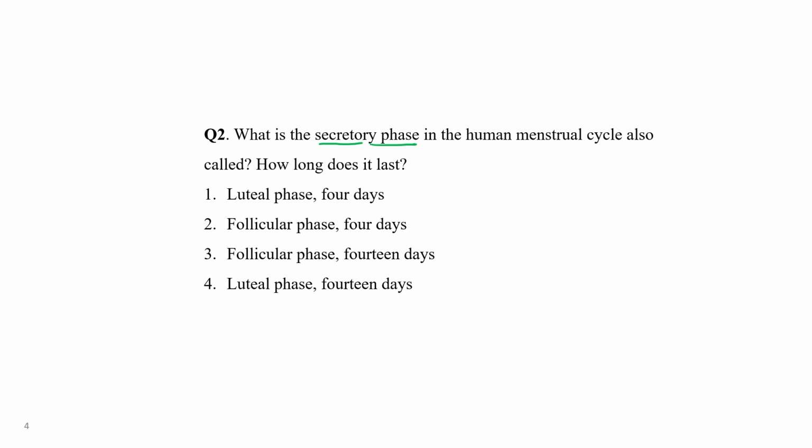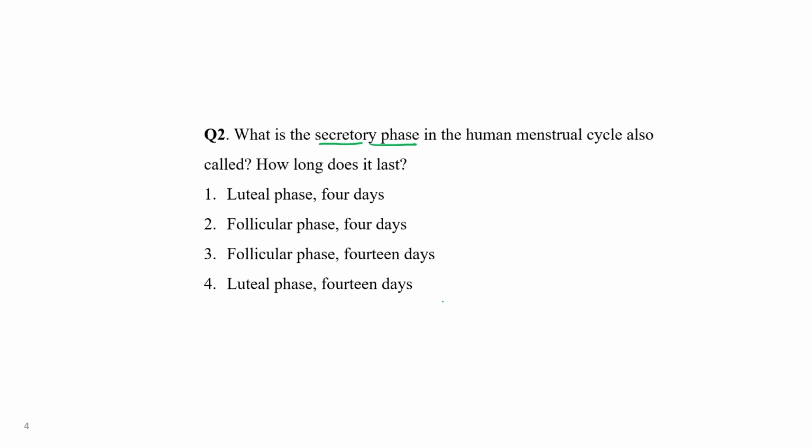The follicular phase is a phase in which follicles are formed, which is stimulated by follicle stimulating hormone, while the secretory phase is also known as the luteal phase, in which luteinizing hormone is released. And what is the time span?